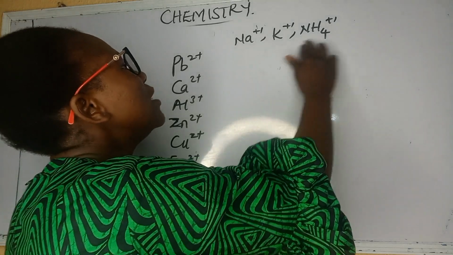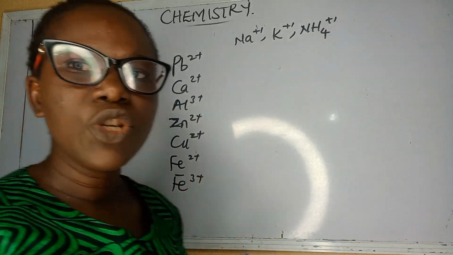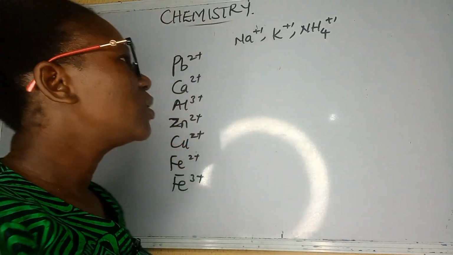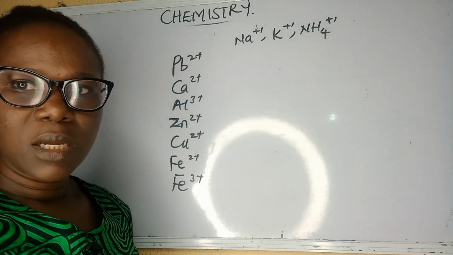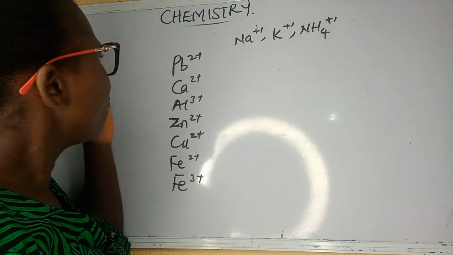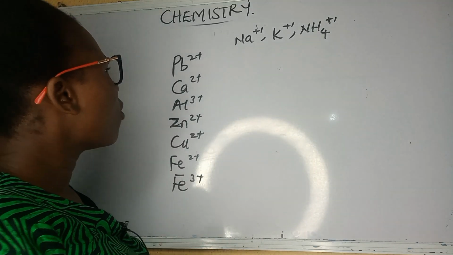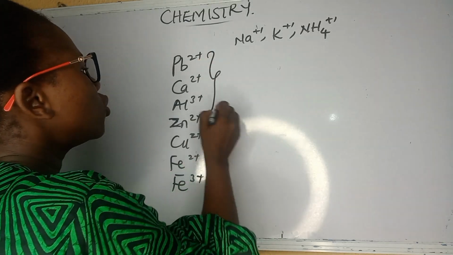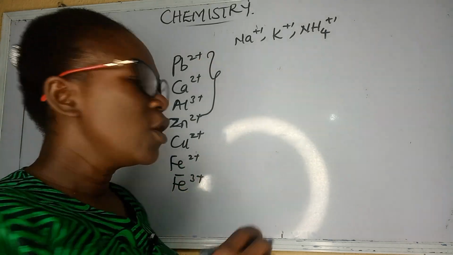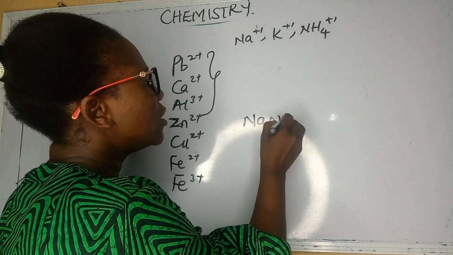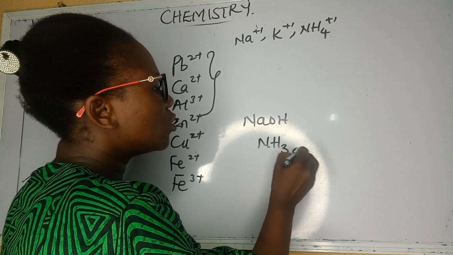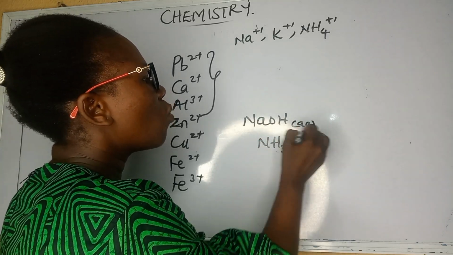For these three, they show no reaction with sodium hydroxide or ammonia because they are highly reactive. Now, from what we have here, these four ions show a white precipitate anytime you add either sodium hydroxide or ammonia solution in aqueous form.